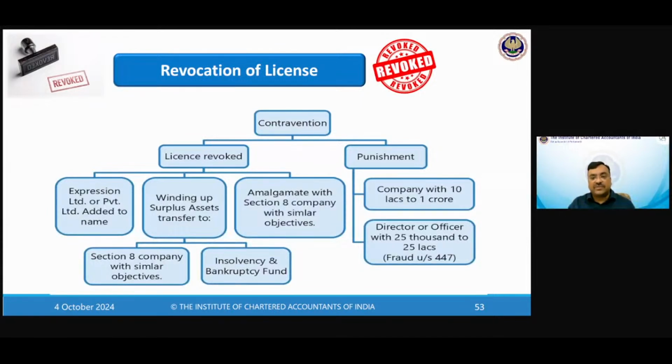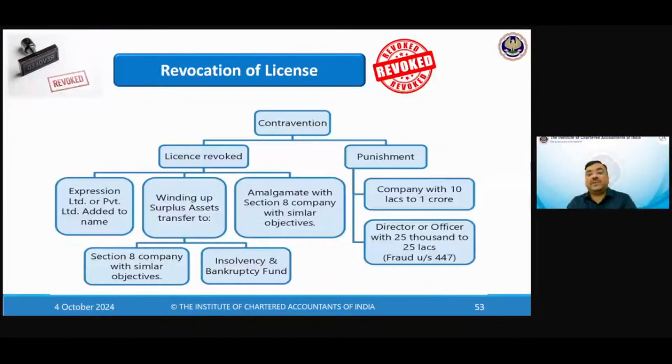So revocation license की process है ये देखिए, listen. Contravention, then license revoke, expression limited or private limited added to the name of the company. It may be winding up, and surplus assets will be transferred to section 8 company with similar objects or insolvency and bankruptcy fund, or order for amalgamate with section 8 company with similar business.